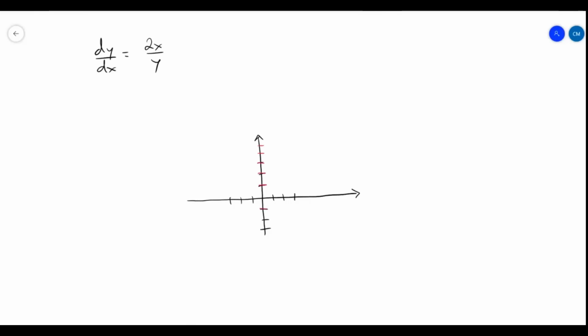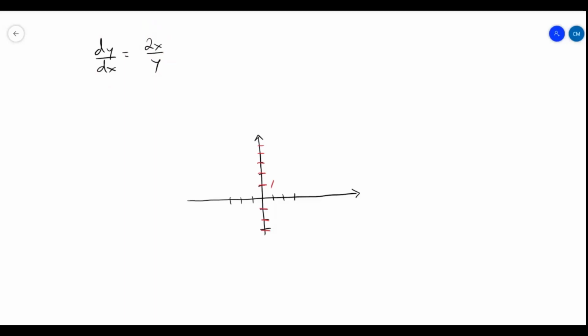Because if I plug in any point whose x-coordinate is 0, then that whole thing becomes 0, and that's telling us the slopes of any solutions are going to be 0 there. Let's pick the point (1, 1). If both x and y are 1, then the slope there is going to be 2. That's kind of steep, so we're going to see a somewhat steep slope, like 2, right there.